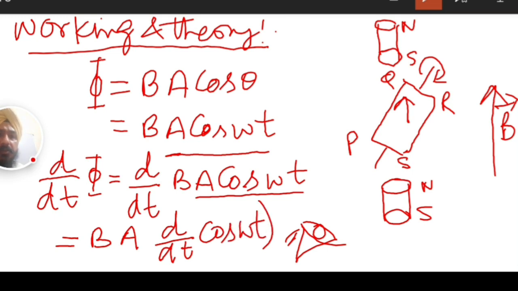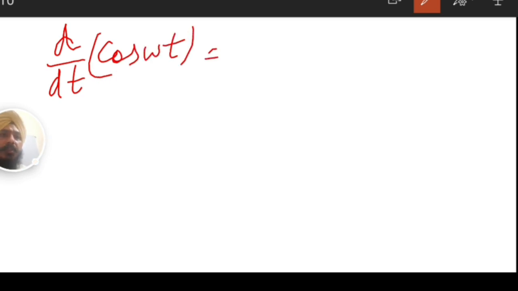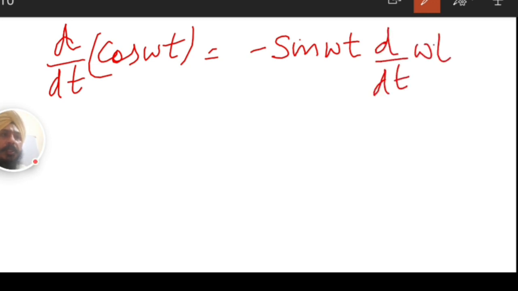Now let us calculate the derivative of cos omega t. d upon dt of cos omega t will be minus sin omega t into d upon dt of omega t, which will be equal to minus omega sin omega t.